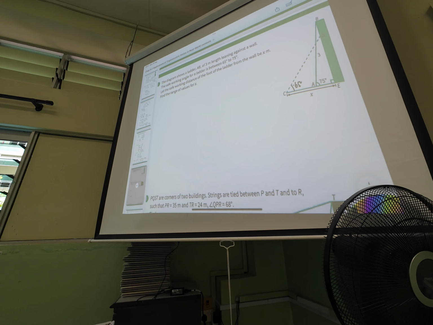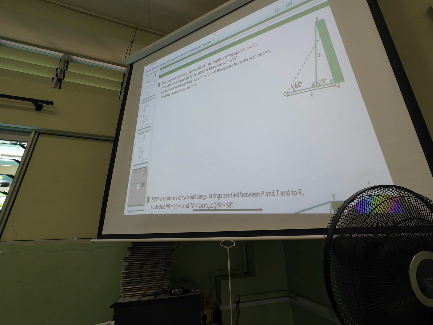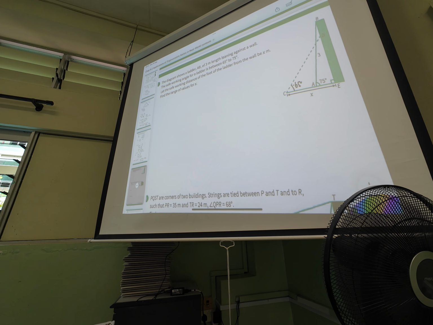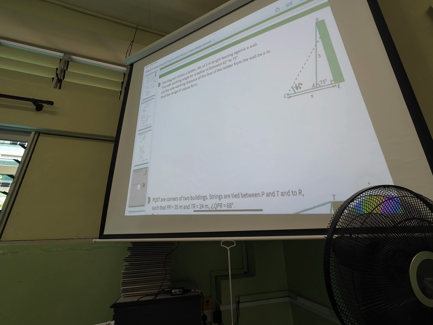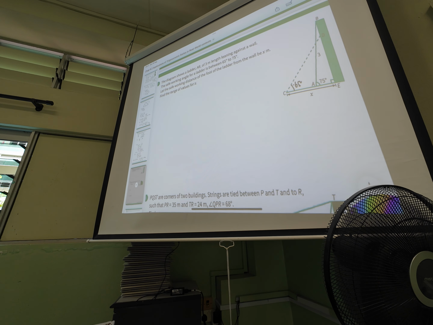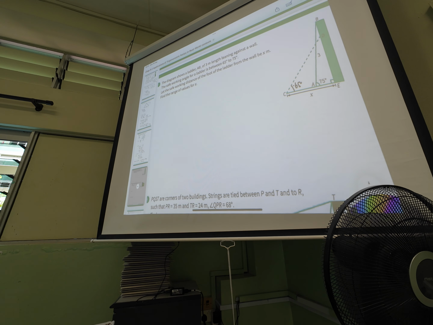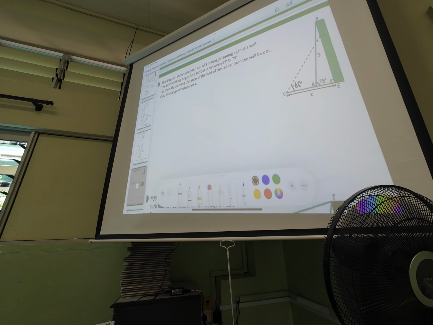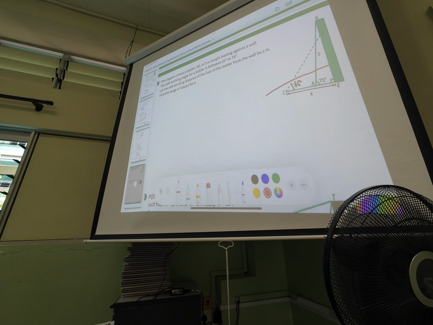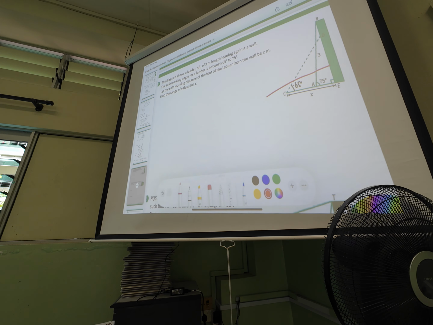Because if you put your ladder further, it will just slide down. Not enough angle for it to stay upright. So the furthest it can go is 65, the safe working angle. If I put it any further, the ladder will just slide down the wall. It is not safe to use anymore. This is what the story is.